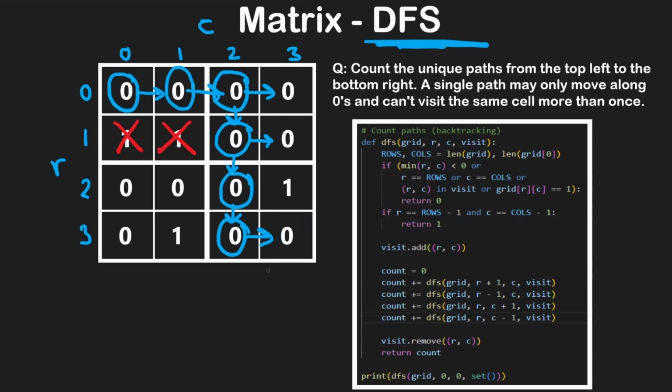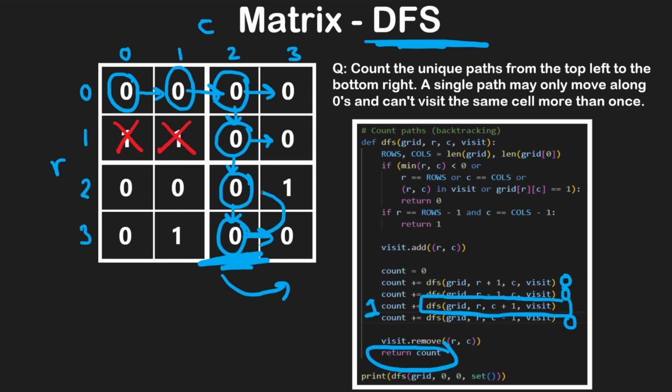So from here, this cell, we would have a cost of 0. We would execute 4 DFSs in all 4 directions. 3 of them would return 0. This one would return 0, this one would return 0, and this one would return 0. But the one here, the one where the column is incremented by 1, would return 1. And at this point, we would end up returning 1 to the previous node.